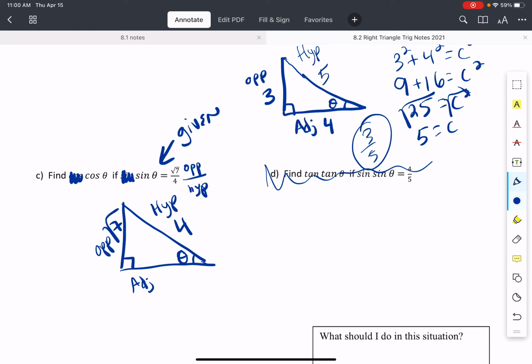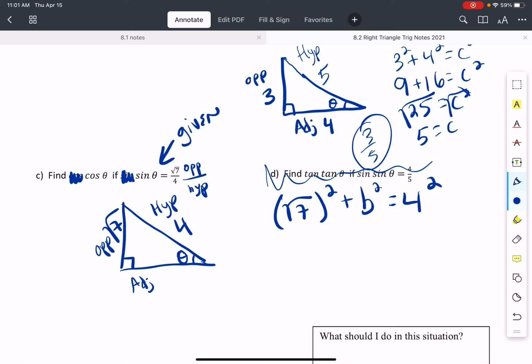Am I looking for C again, like the last problem? No, good. The C is the 4. So square root of 7 squared plus B squared equals 4 squared. And it doesn't matter if you call the square root of 7 A or B. Those ones don't matter.